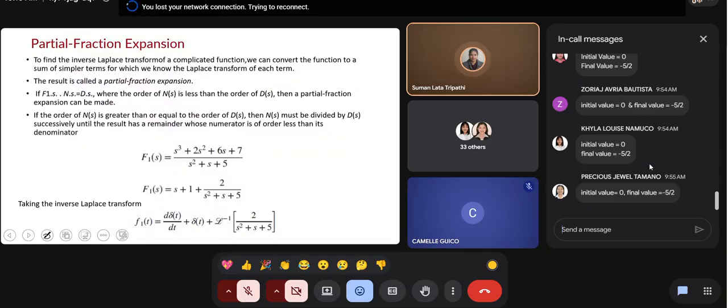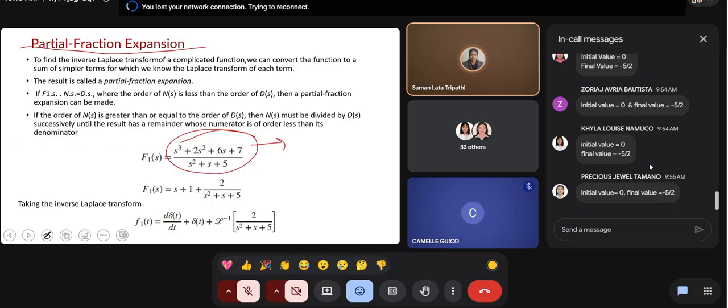Okay. Now the next thing is partial fraction expansion, another math technique to simplify any transfer function. Sometimes we need partial fraction expansion to get the inverse Laplace transform, because if somebody asks you the inverse Laplace transform of this, it is not in standard form. So first you need to convert it into standard form. How will you convert that?